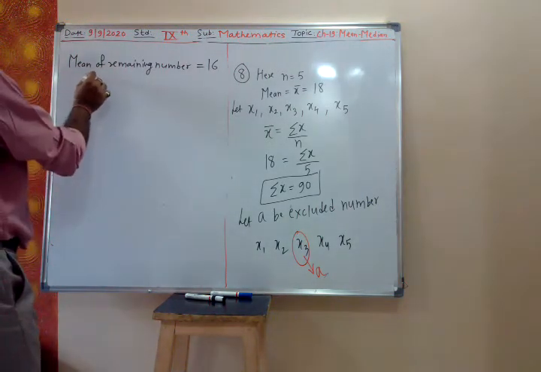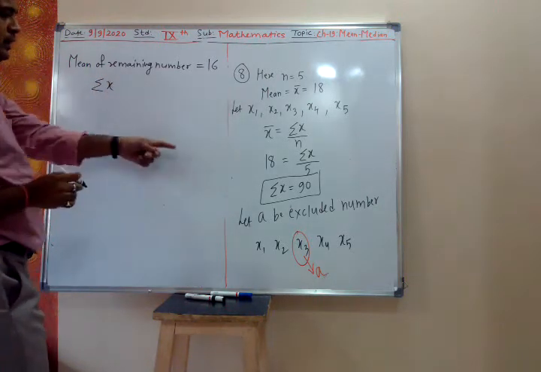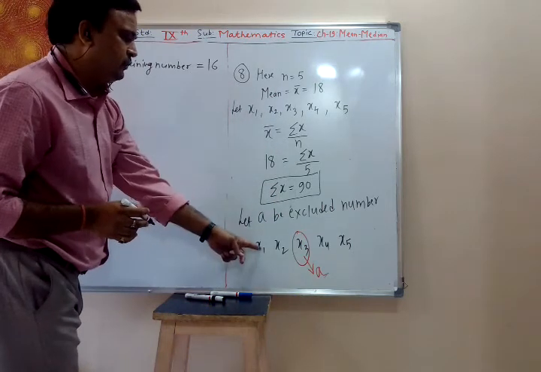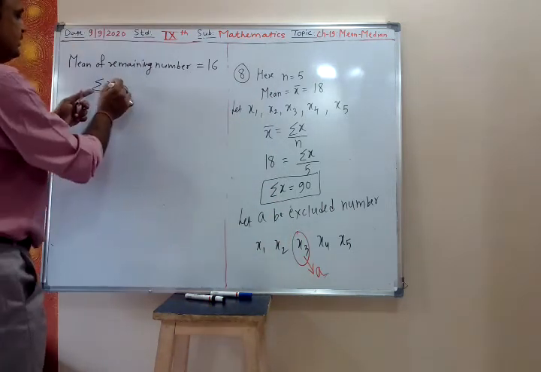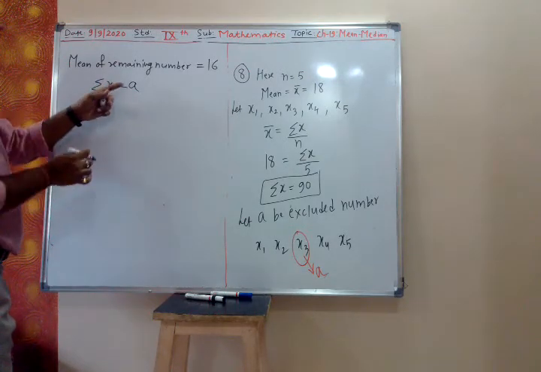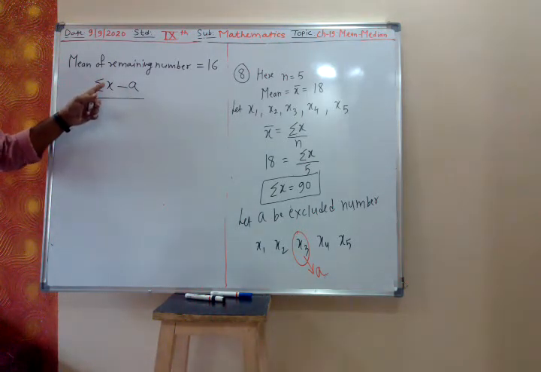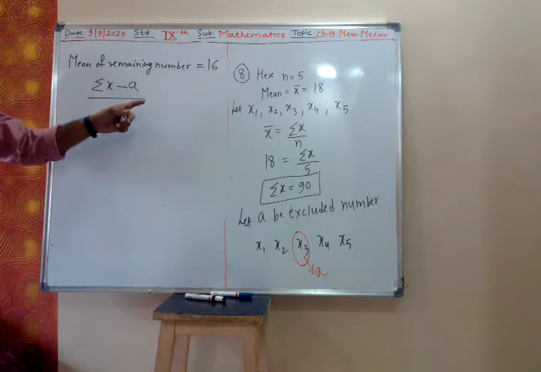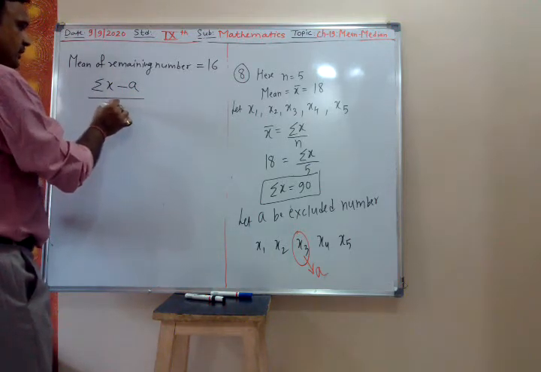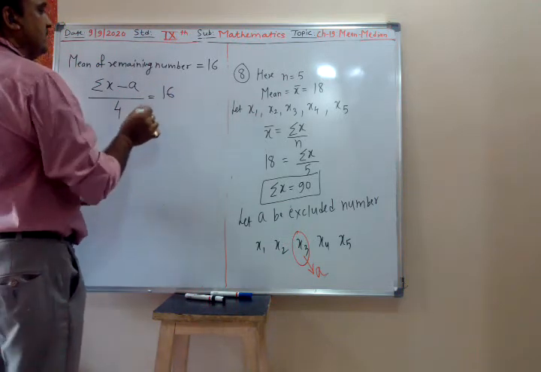This summation x, from this total x value x1, x2, x3, x4, x5, I will exclude A. I will write minus A. So summation x minus A. Wait. From this value x1 plus x2 plus x3 plus x4 plus x5, you will remove one value, that is A, upon 4. Divide by 4 is nothing but mean of remaining 16.